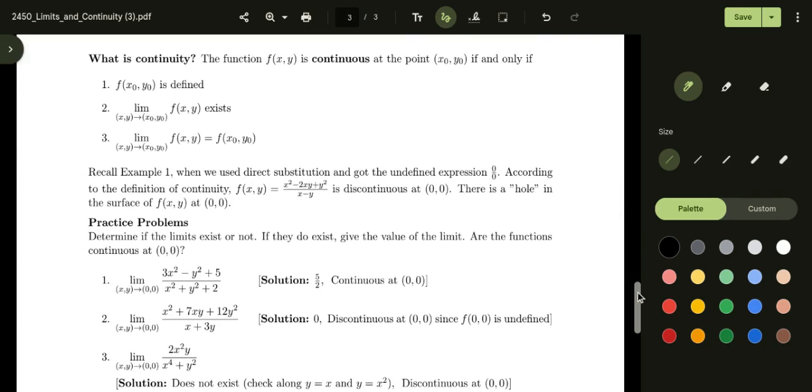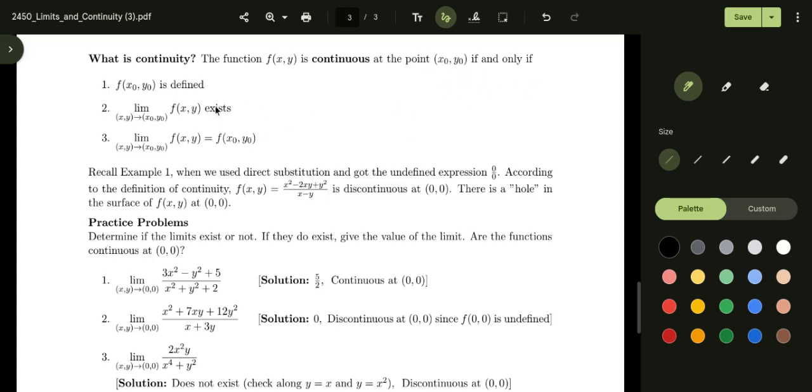All right, now the second part of this was talking about continuity. We have 3 things that have to occur in order for a function of 2 variables to be continuous at a point x naught, y naught.